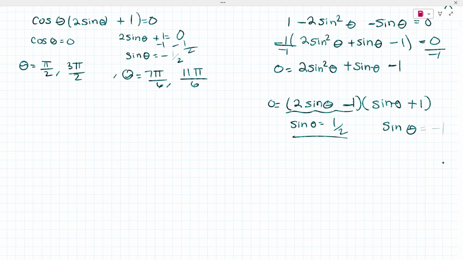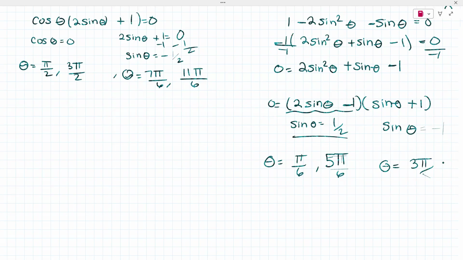What angle in radians is going to give you a positive sine of 1/2? That is going to be pi over 6 and 5 pi over 6. And then over here, what angle gives you a sine of negative 1? That would be 3 pi halves.